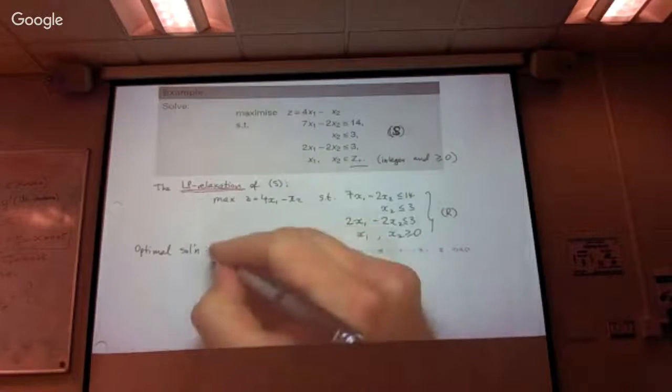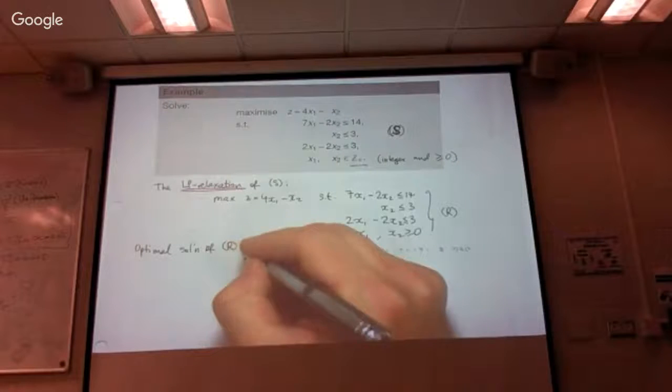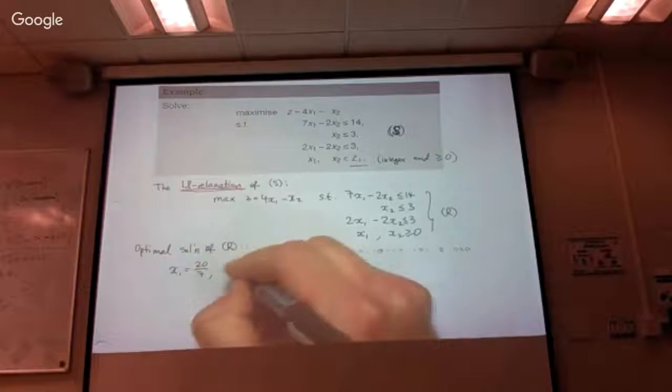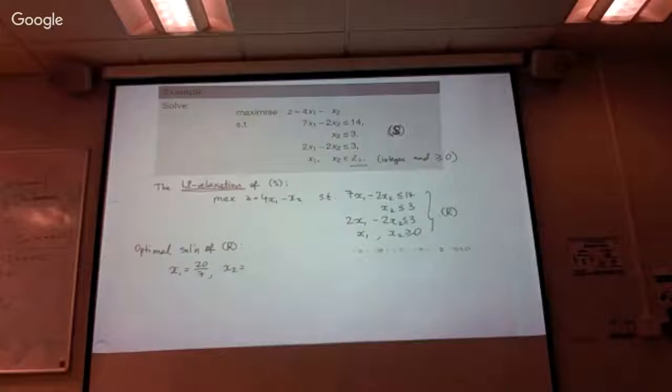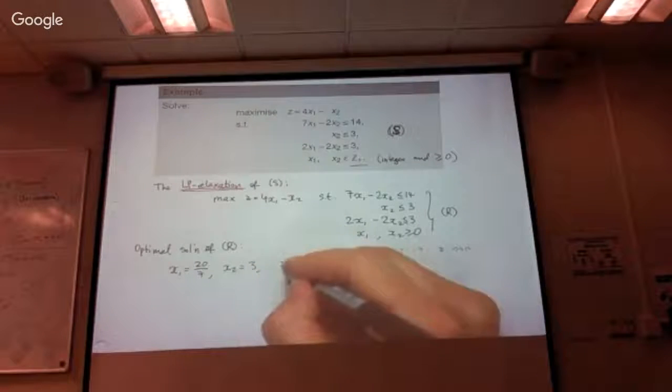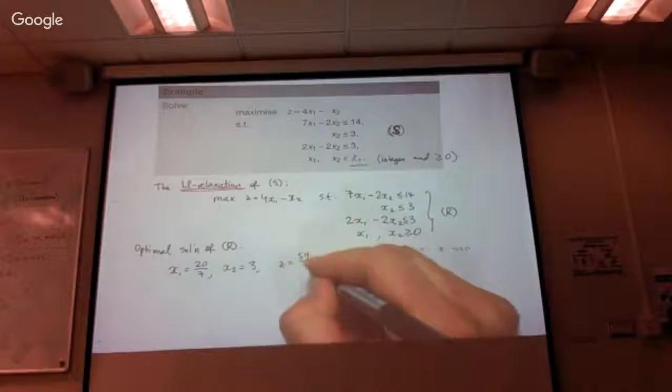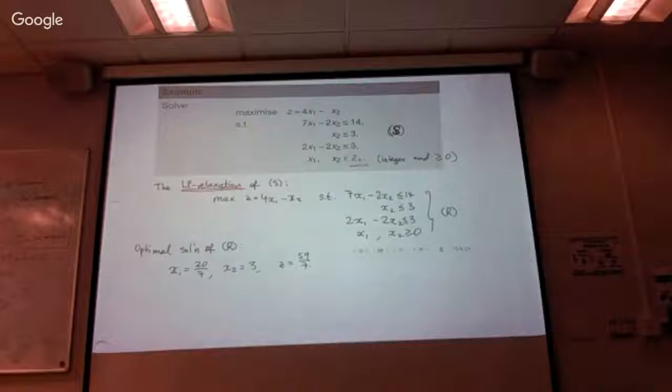So the optimal solution of the relaxation is x1 equals 20 over 7, x2 is 3, and the objective is 59 over 7. So this is just an example which you can solve.